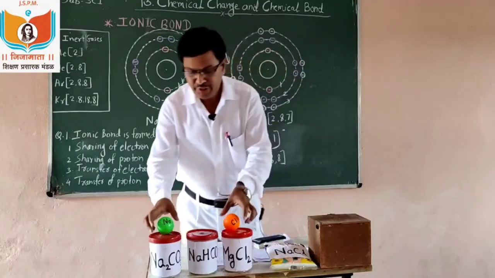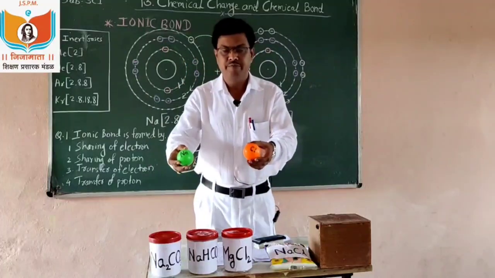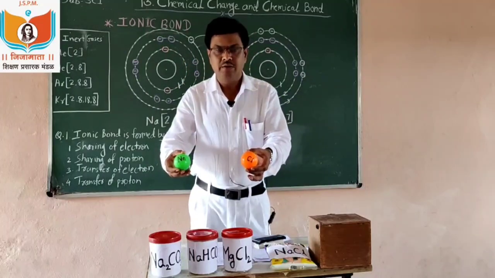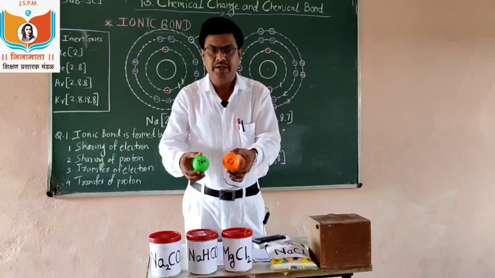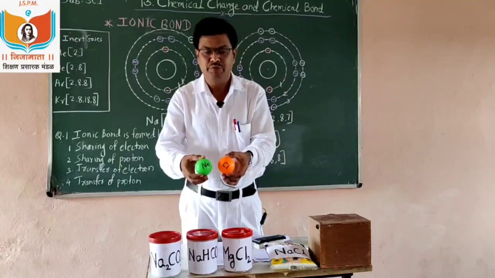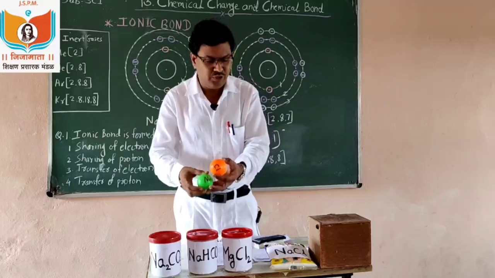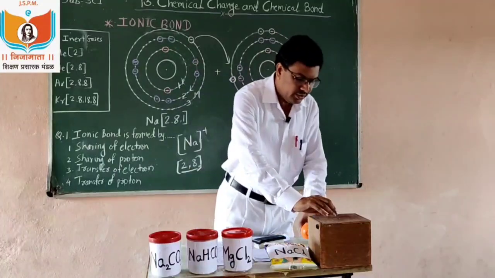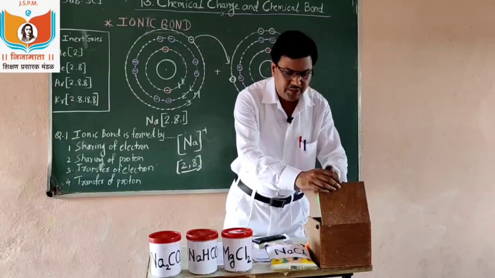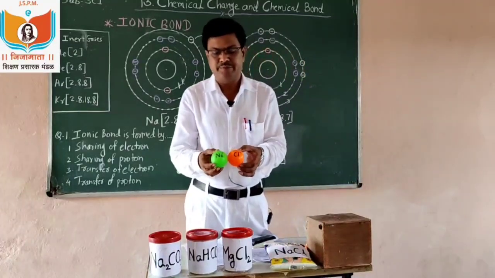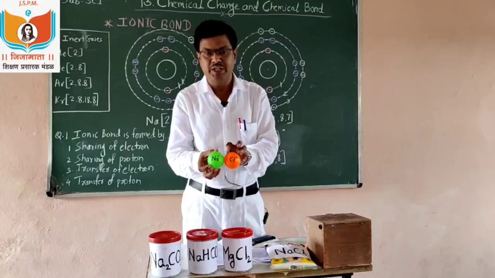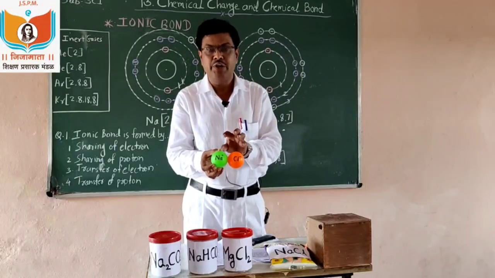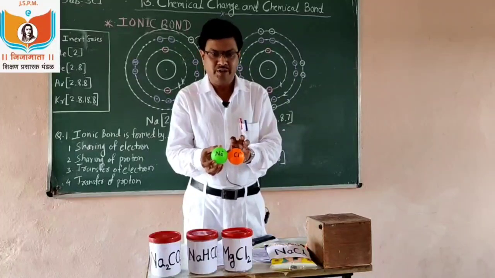Now see here, when sodium and chlorine ions are oppositely charged, they come nearer to each other, and there is a chemical bond between them, and that chemical bond is called an ionic bond. That electrostatic force of attraction holding these two atoms together is called an ionic bond or electrovalent bond.